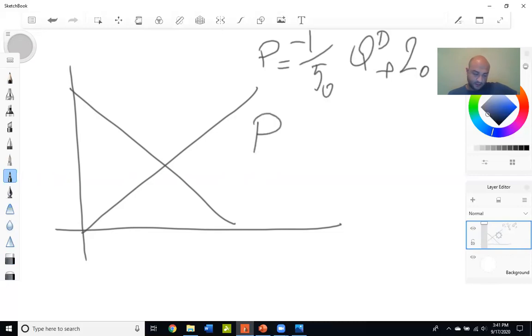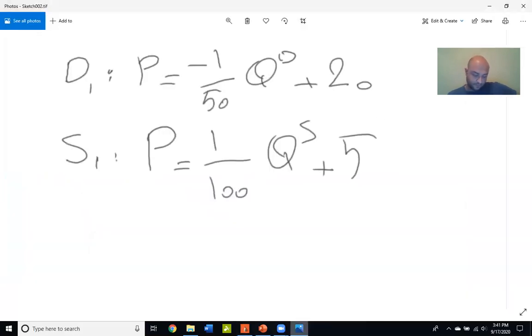Our second curve, which is our supply curve, is P equals 1 over 100 quantity of supply plus 5.